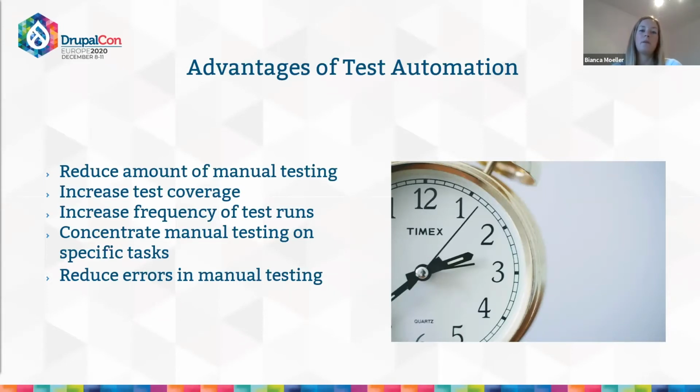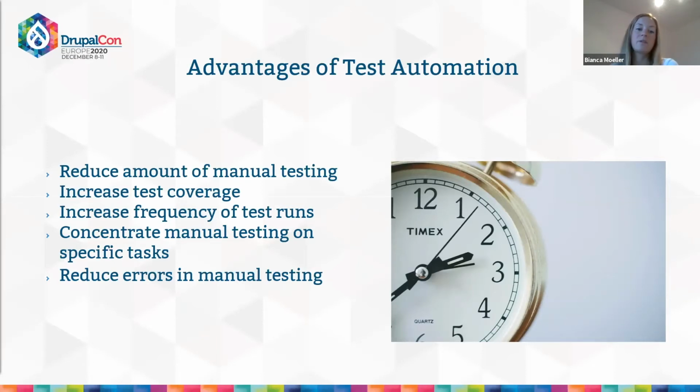If we have a lot of manual testing, at some point, since we are all human beings, the brain will get tired, and there's a higher probability that some bugs on the site will not be seen by the tester if the tester has already been testing various hours on the same site. It's going to be difficult. So those were the advantages and also our goals we wanted to achieve with the test automation.